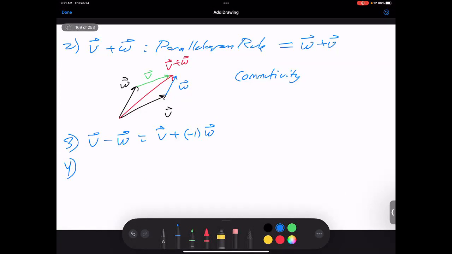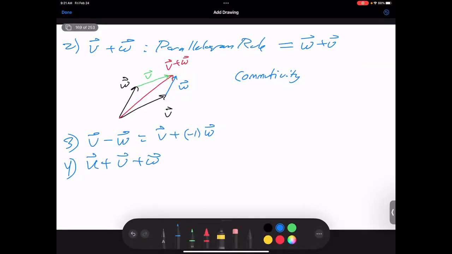What if I give you 3 vectors? Let's do u plus v plus w. What does that mean? When you say u plus v plus w, what does this mean? We have 3 different vectors, but what does it mean when I say u plus v plus w?